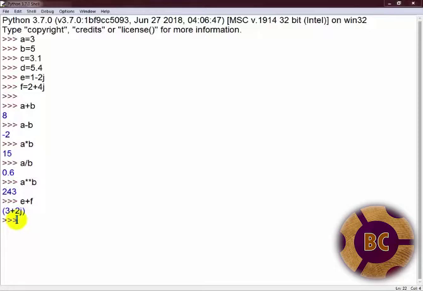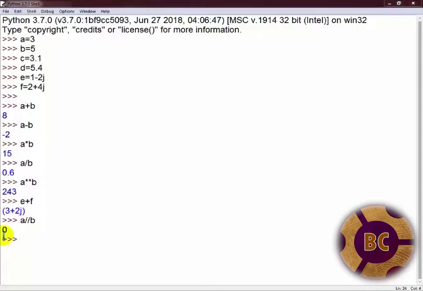For example, A div B gives us 0. That means the Euclidean division of A and B is 0. I think div is clear for people who study math.